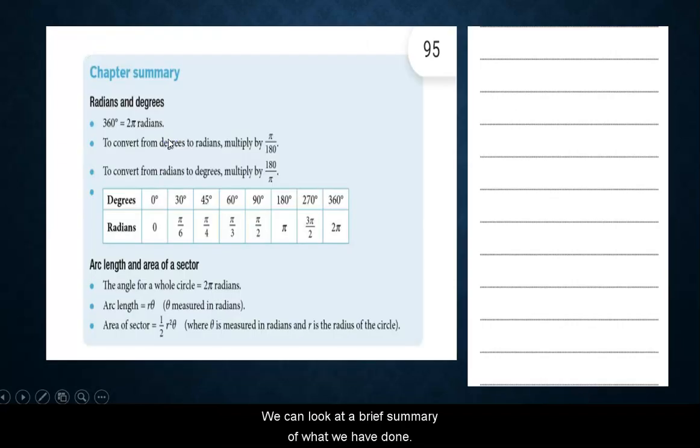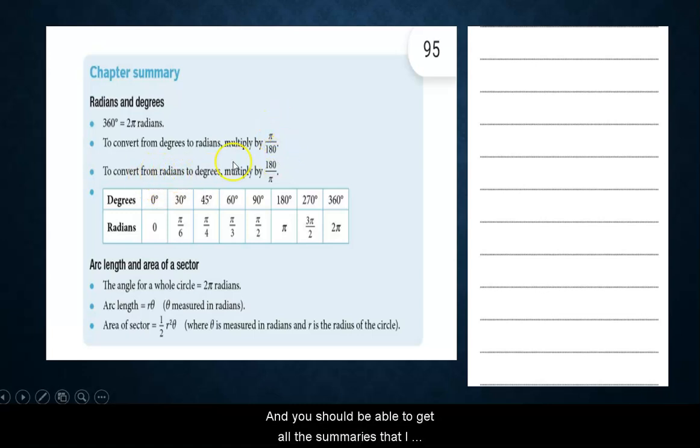We can look at a brief summary of what we have done. We have looked at radians and degrees. 360 degrees gives you 2 pi rad. To convert from degrees to radians, multiply by pi over 180, and to go back from radians to degrees, multiply by 180 over pi.